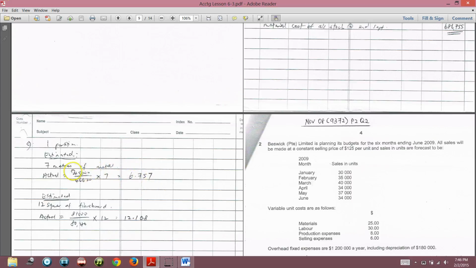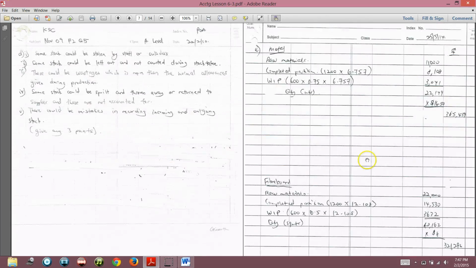45,000 is the actual total for that month of the metal used in production. So the completed partition is 1,002 times 6.757. This is the actual metal used for the completed partitions.